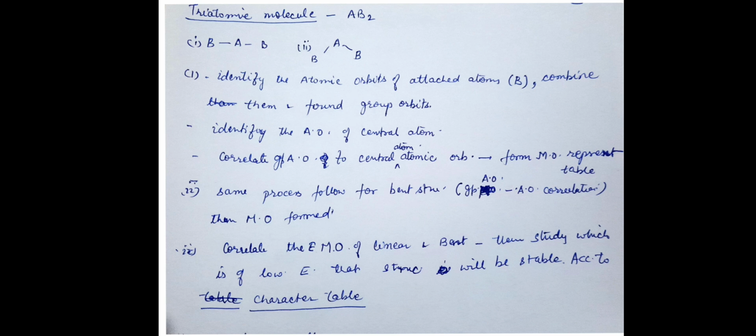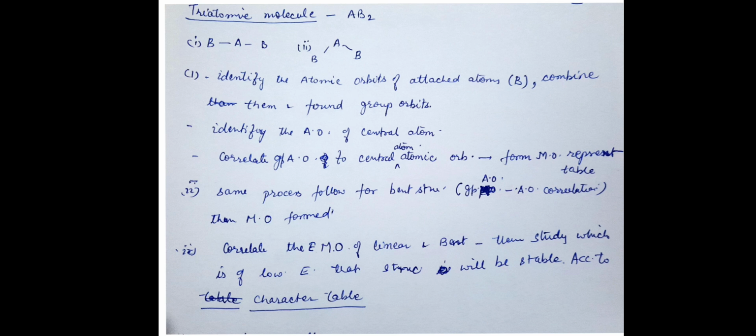Identify the atomic orbitals of the central atom. Then correlate the group atomic orbitals of B to the central atom's atomic orbitals A, and form the molecular orbital representation table. What are we doing in the Walsh diagram?